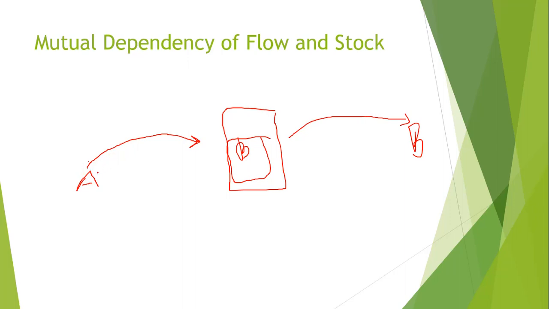Over a specific period of time, group A is saving money in this bank, and the bank is storing that money. So at some specific point of time, if you measure the amount of money in the bank, that will be known as the stock. The amount of money which the bank will have will be known as the stock. Now the bank also gives to group B loans for a specific period of time. That is also known as flow.